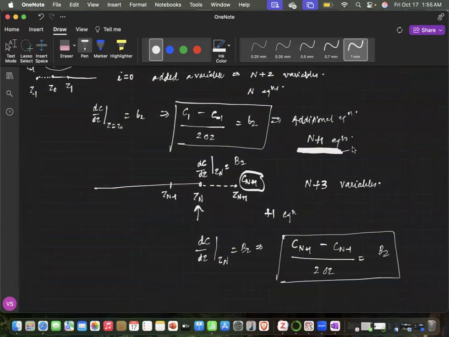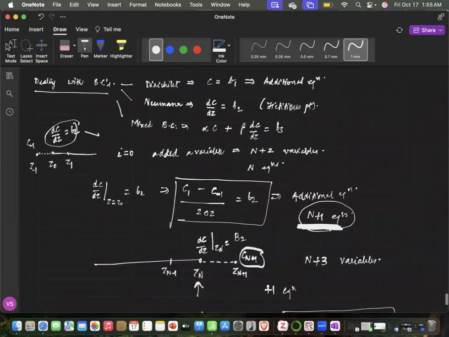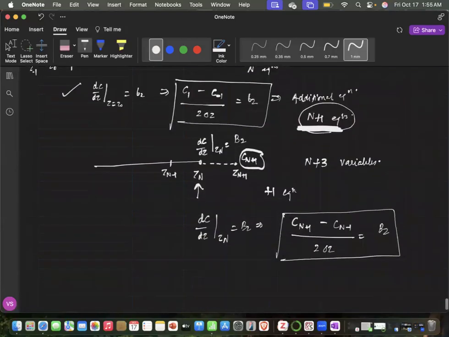So we already had n plus 1 equations because of this boundary condition. We added a fictitious point, increasing the number of variables. So we have n plus 3 variables, n plus 1 equations. Then, because we've defined Cn plus 1, now the equation at n is not really undefined. So we added another equation because of that.